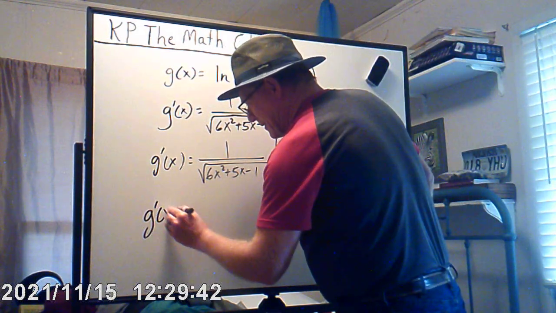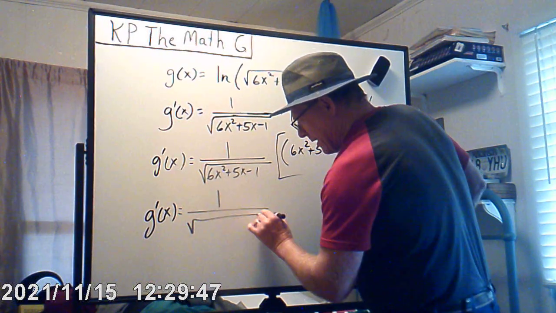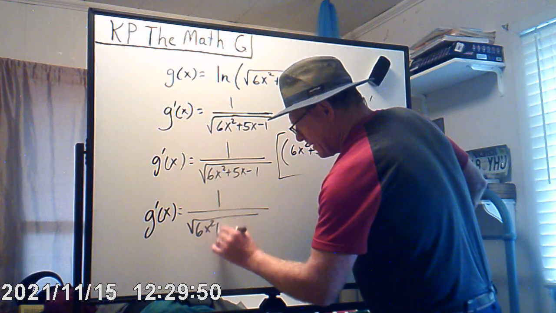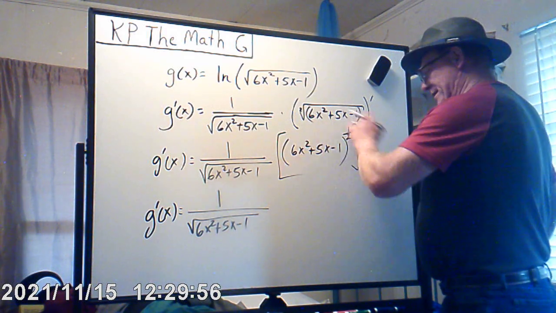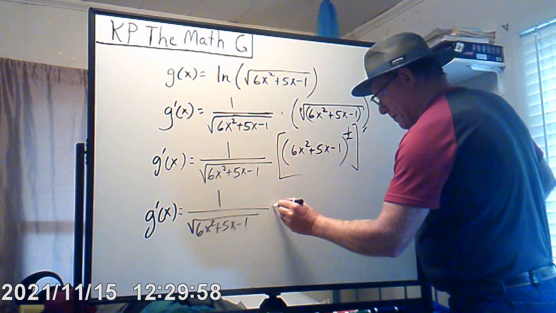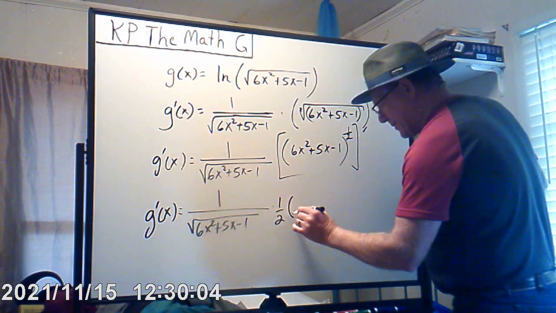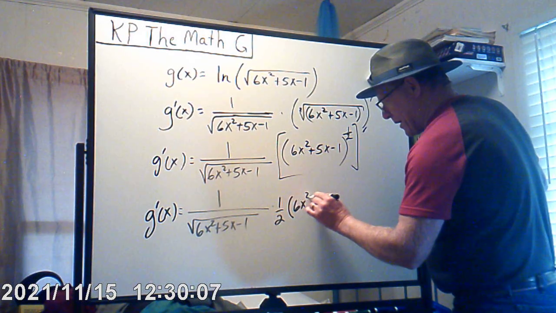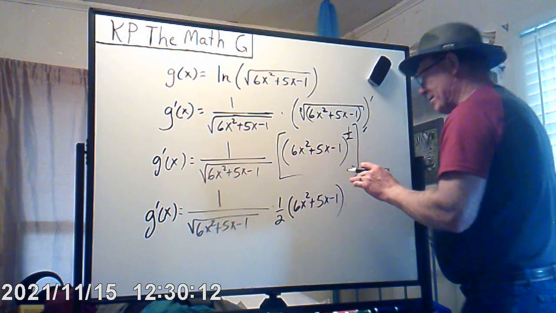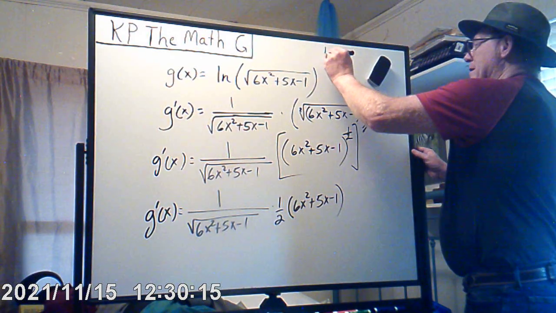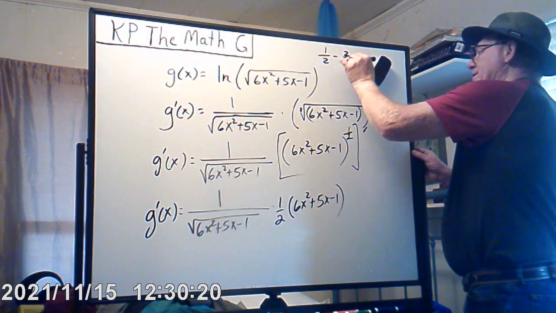G prime at x is equal to, again, just recopy this. You've got this already in your hip pocket, so just copy it down. Now the derivative of this requires the chain rule. So remember, we're going to take the 1/2, all of this, 6x squared plus 5x minus 1. Now we've got to subtract 1 from 1/2, so 1/2 minus 1 is the same as 1/2 minus 2/2.